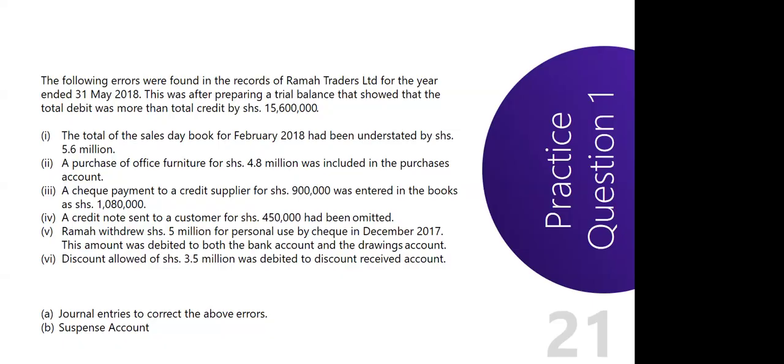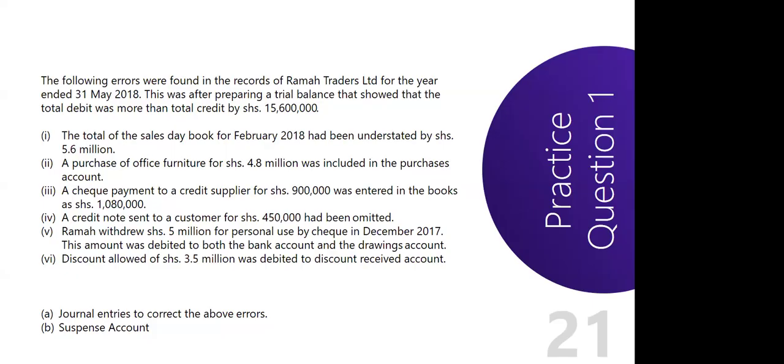Remember, from our previous session, I told you that when you prepare your trial balance and it is not balancing, you create a suspense account, where you put the amount that is the balancing figure.